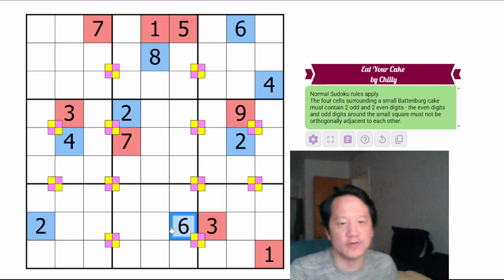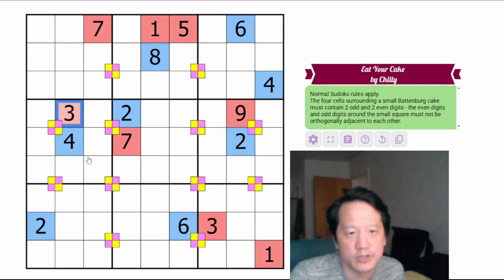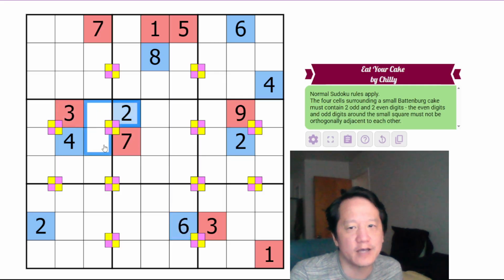This is even here. So we know what these are because you can't have the even cells sharing an edge with the other even cell. Apologies for that.